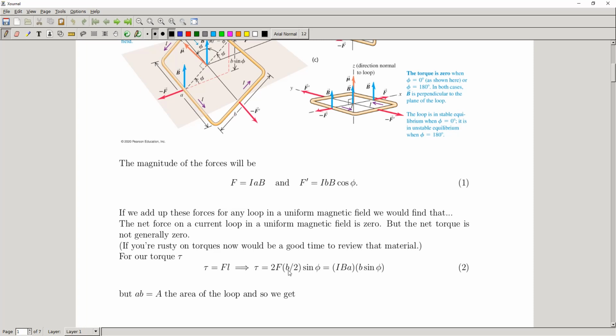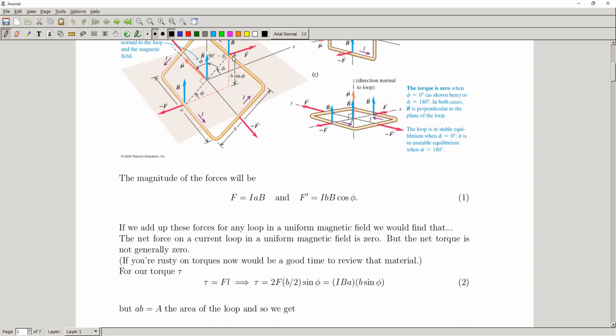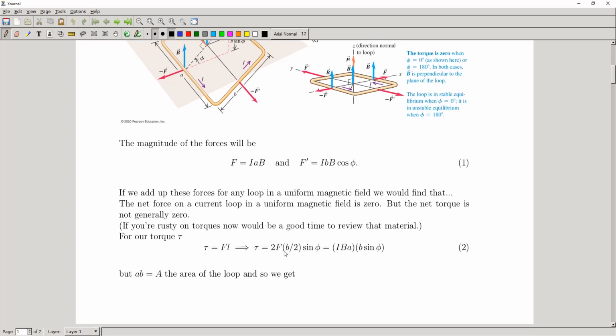So this is going to be our length, B over 2, and we really end up with 2 copies of F, because we have 1 F in this direction and 1 F in this direction. So really we have 2 forces torquing on this loop, right? So 2 F's, and our length is B over 2.